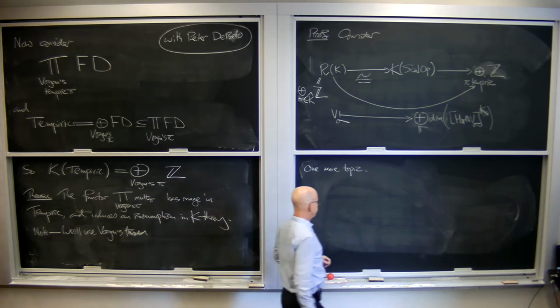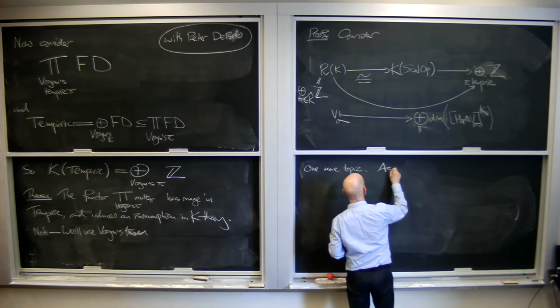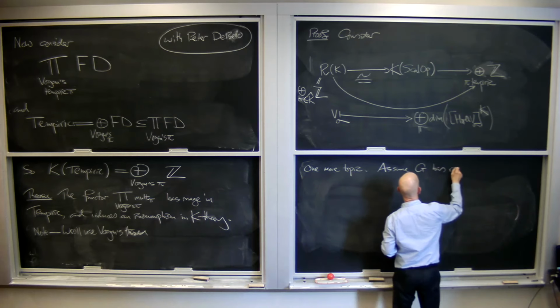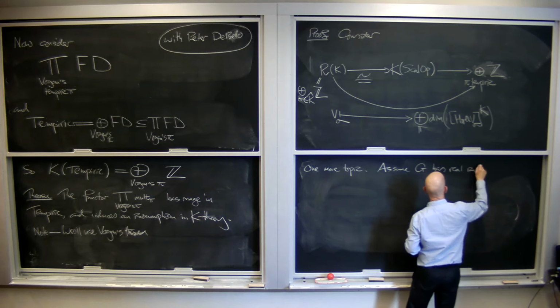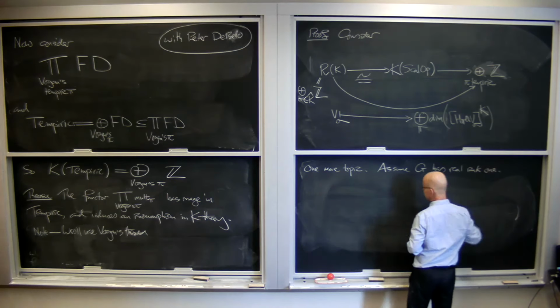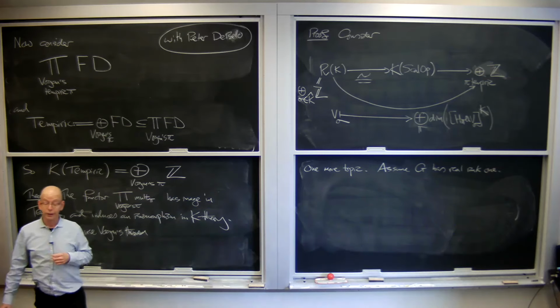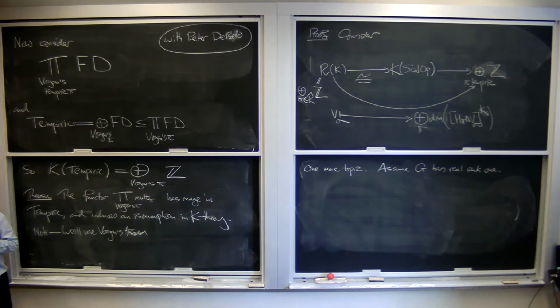In order to keep things as simple as possible, I'm going to assume right from the outset that G is a group with real rank 1, like we were talking about last time.